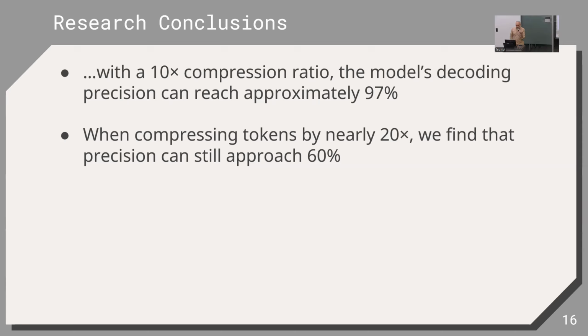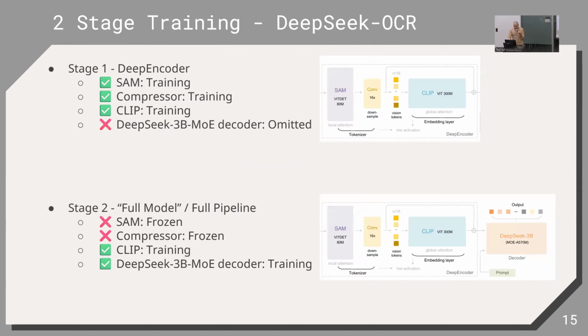From my understanding, I'm going to do my best to answer your question directly, and if I can't, it might be in my notes here. But the vision token, let me go back to this image. The vision token is just an embedding vector like anything else.